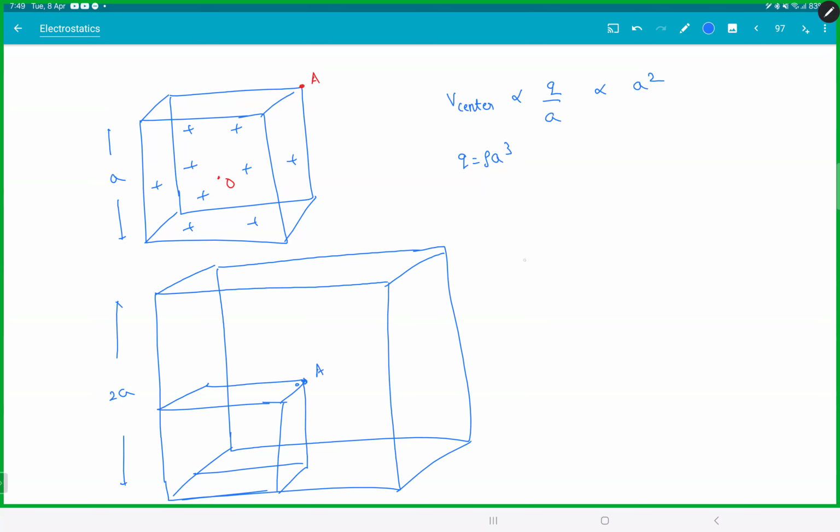So VA, which now becomes the center of the big cube, will be 4 times V naught. And this is made of 8 times VA of the small cubes. So 4 V naught will be 8 times VA. So we get V naught by VA is 2:1. Same answer. Is this clear, everyone?